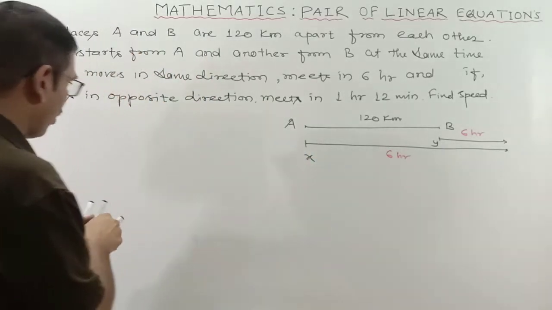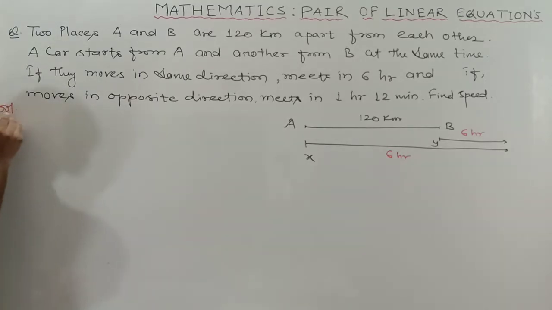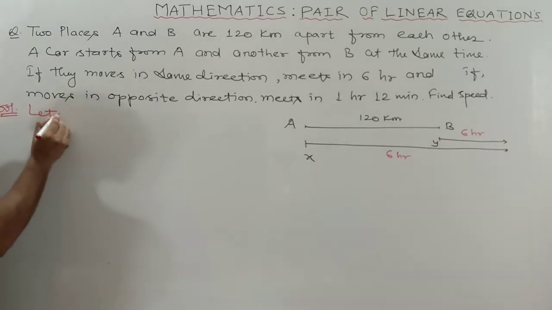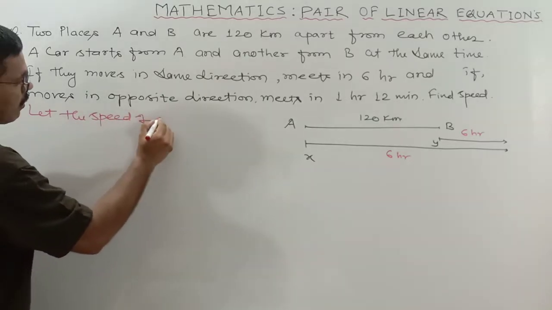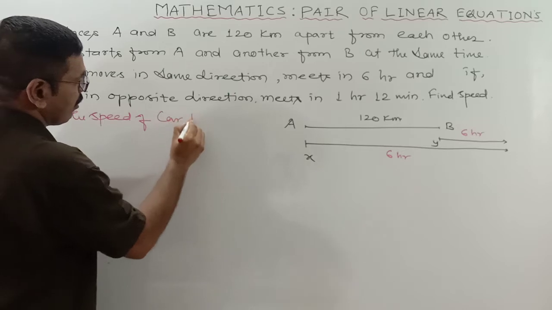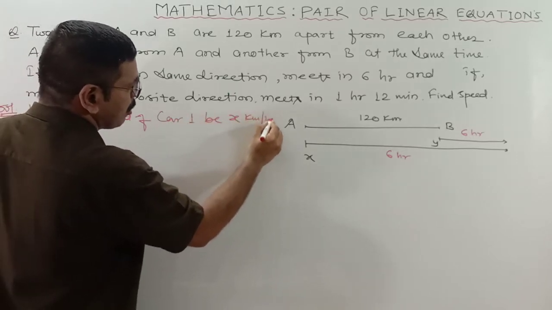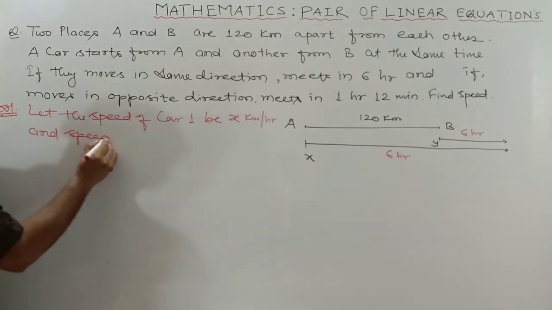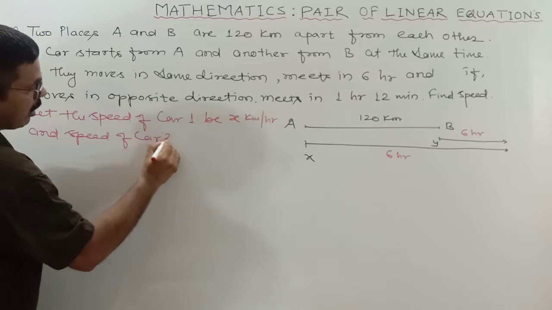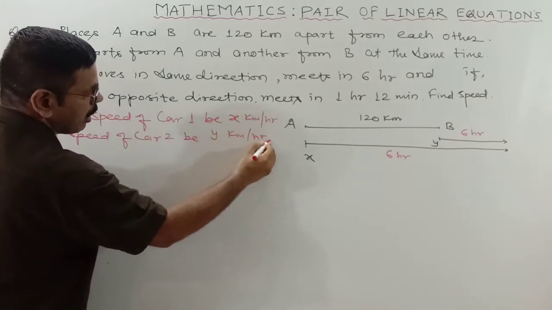See how we will solve the problem. So we'll start with the assumption. Let the speed of car 1 be x kilometer per hour and speed of car 2 be y kilometer per hour.